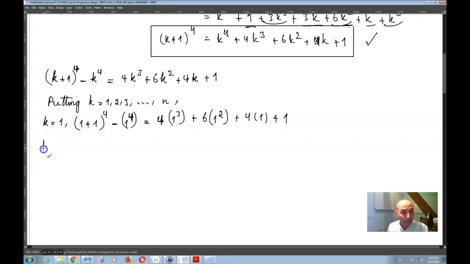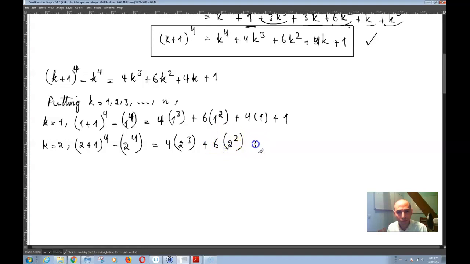If K is equal to 2, then 2 plus 1 raised to the power 4 minus 2 raised to the power 4 is equal to 4 times 2 raised to the power 3 plus 6 times 2 raised to the power 2 plus 4 times 2 plus 1.